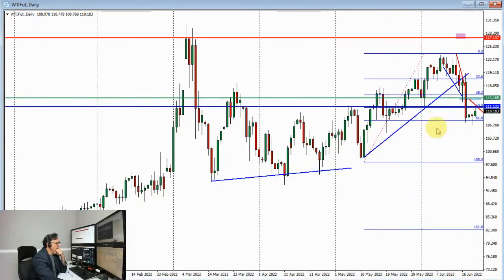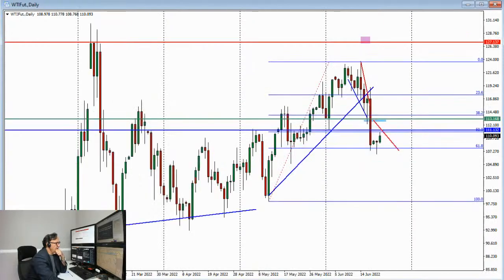So crude oil, we have a dip lower and now this consolidation here. I was looking for an oversold rally. This is a daily chart. You can see that there is a nice hammer formation here, and the price came from low to high to the full 61.8.